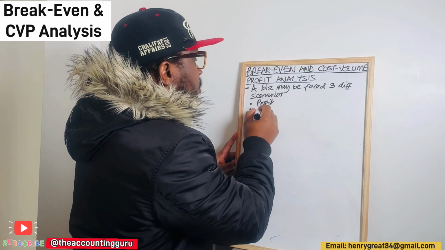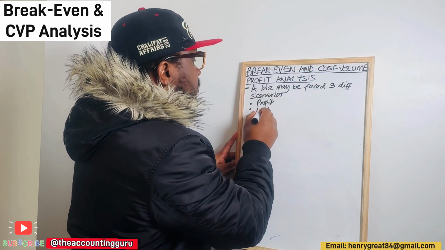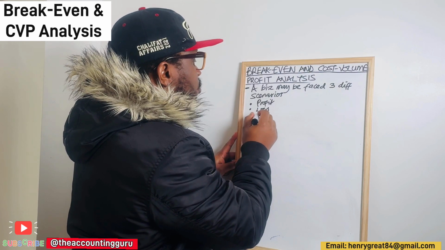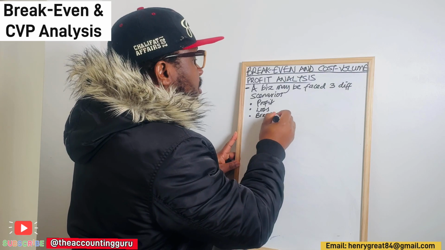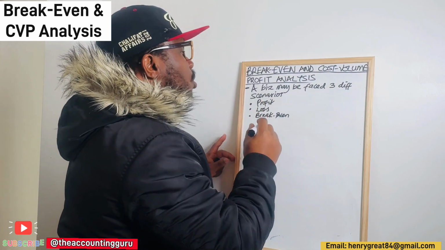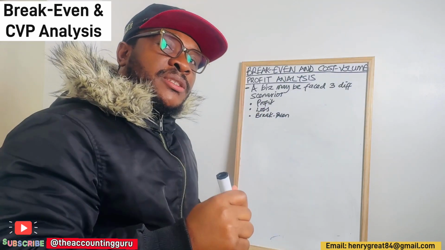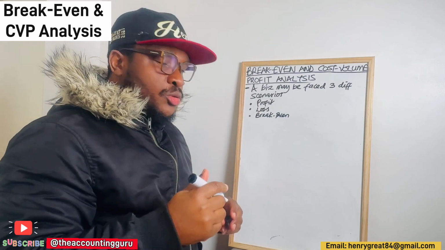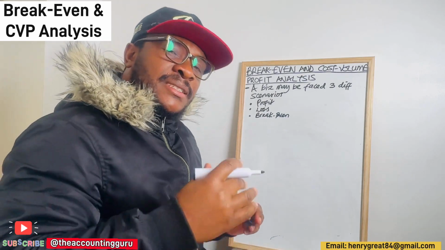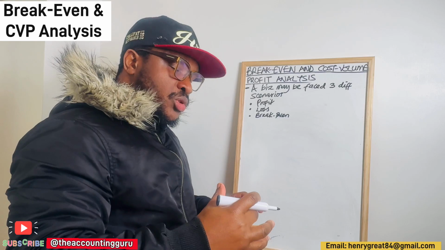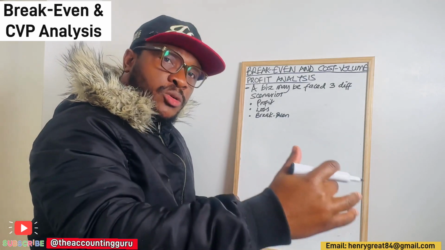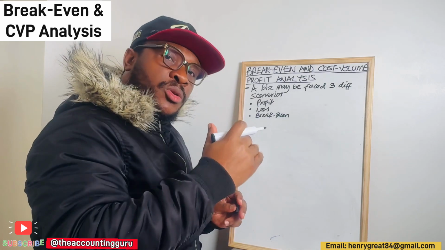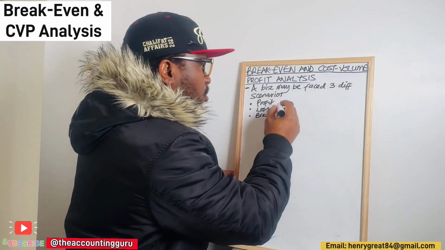Number two scenario is loss scenario. Number three scenario is break-even scenario. When a business is faced with a profit scenario, what does it mean? It simply means that total sales or total revenue is more than total cost.